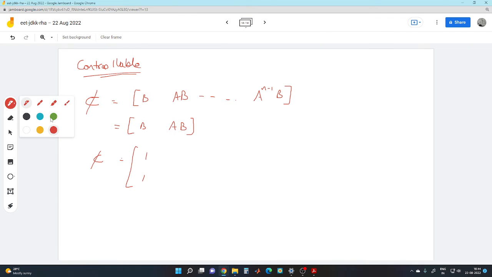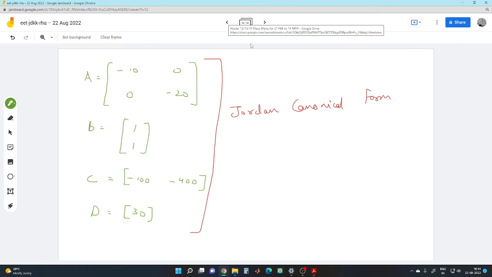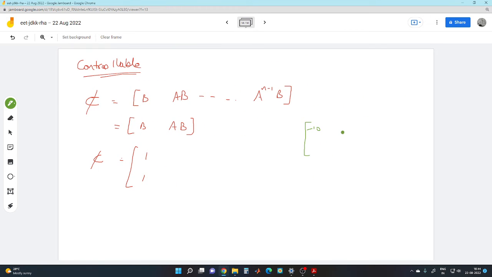So if we calculate AB, A was minus 10, 0, 0, minus 20, and B is 1, 1. This comes out as, first we multiply this, it becomes minus 10, then this with the second one, this becomes minus 20.